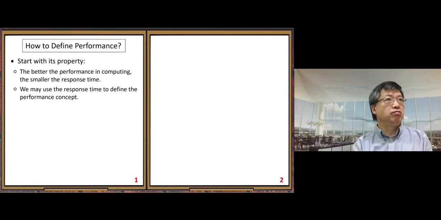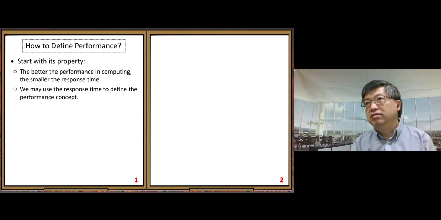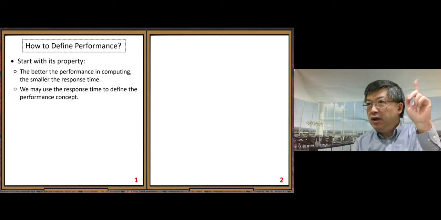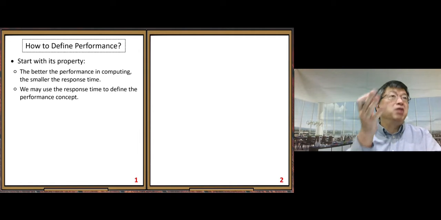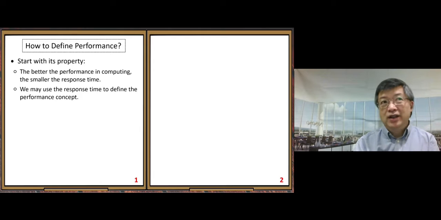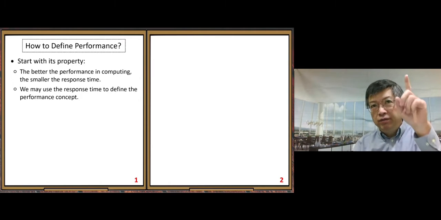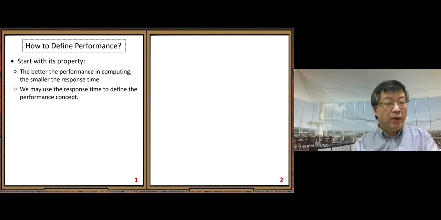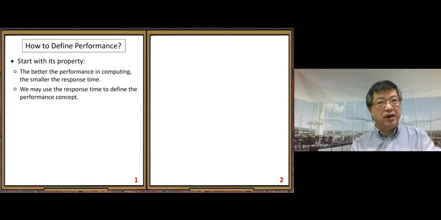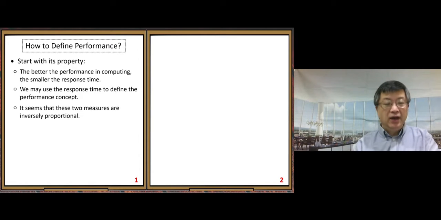So how do we define it? The first idea: just use the response time. The most straightforward way to define performance is using the response time. But how do we use it? Let's look at the next fact.